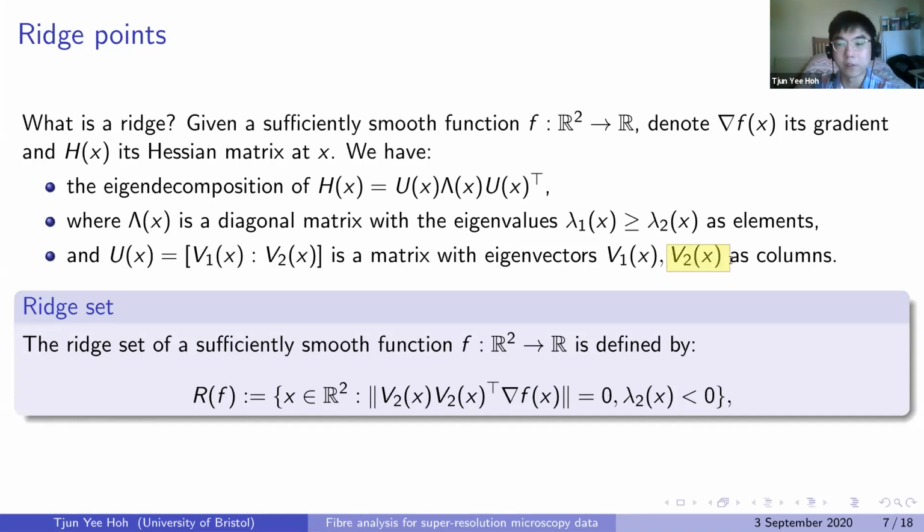So we focus on the second eigenvector. Then the ridge set can be defined as the set of points whereby the gradient of the density is equal to 0, but this gradient is projected in the direction of V2, the second eigenvector. So I have here the gradient of the density f projected in the direction of the second eigenvector.